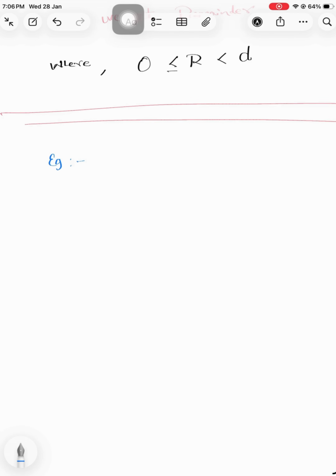Let's take the very basic example, which is expressed in the ratio format, 7 upon 2.